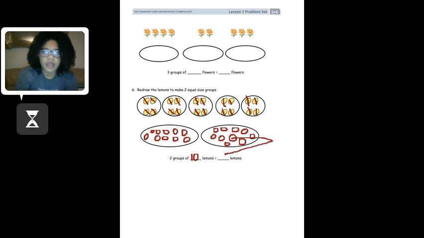Sorry. So we have, let me change back to red. 10 plus 10 for my mom, 10 plus 10 for my dad equals 20. So I know that 2 groups of 10 lemons equals 20 lemons in all.